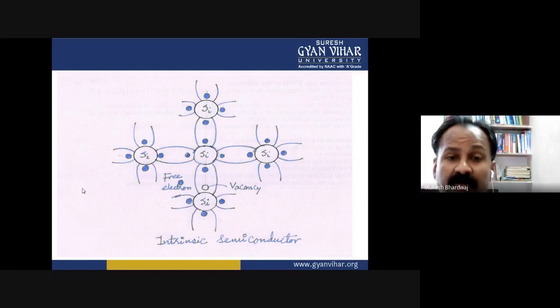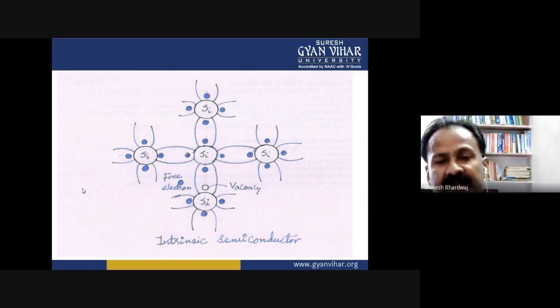If I'm talking about the central silicon atom, it has 4 valence electrons in its outermost shell, and these 4 outermost electrons make a covalent bond with their adjacent silicon atoms.